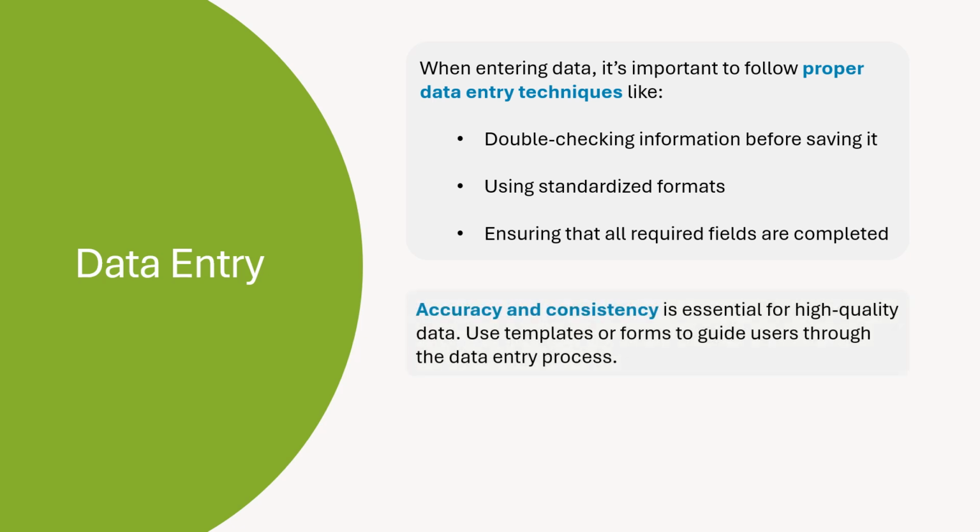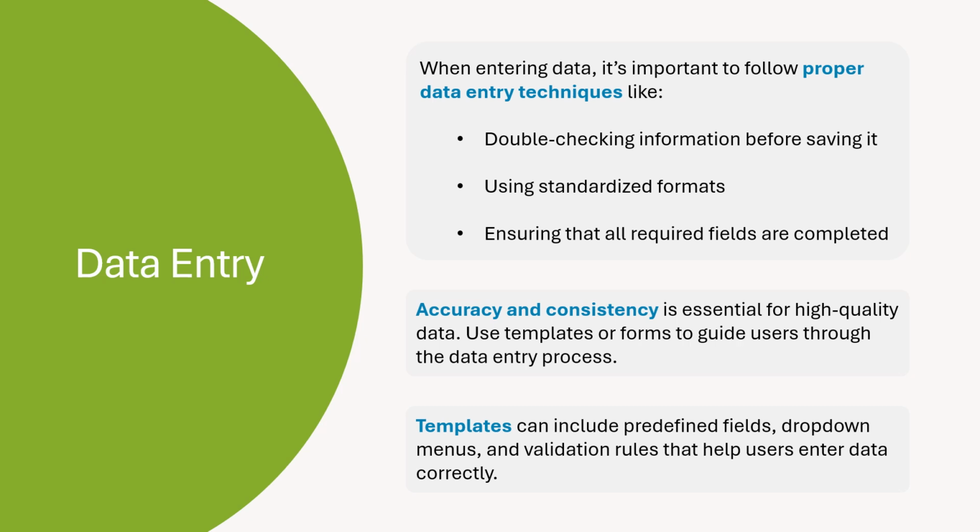Ensuring accuracy and consistency is essential for high-quality data. One of the best ways to achieve this is by using templates or forms that guide users through the data entry process. These templates can include predefined fields, drop-down menus, and validation rules that help users enter data correctly.